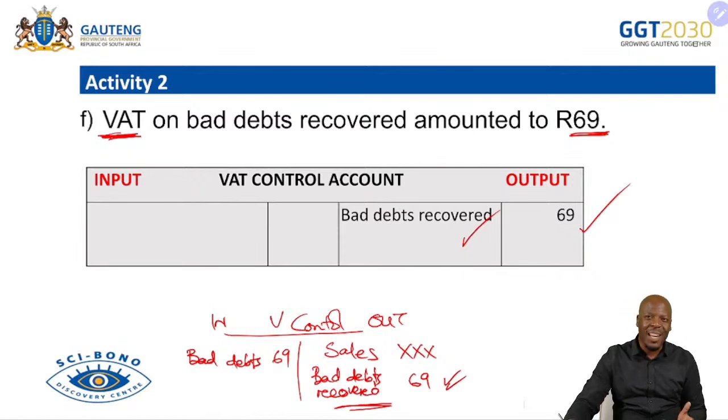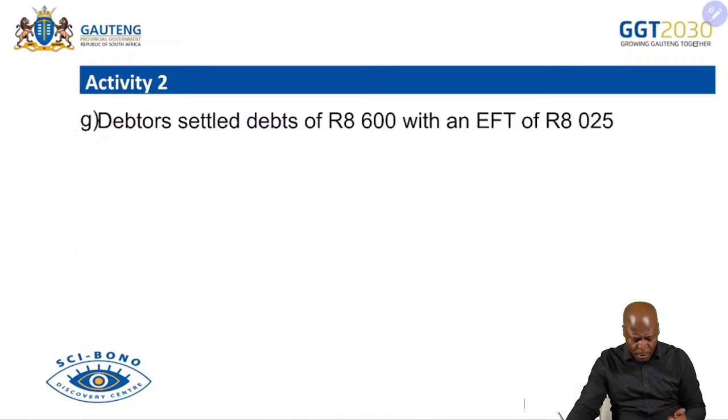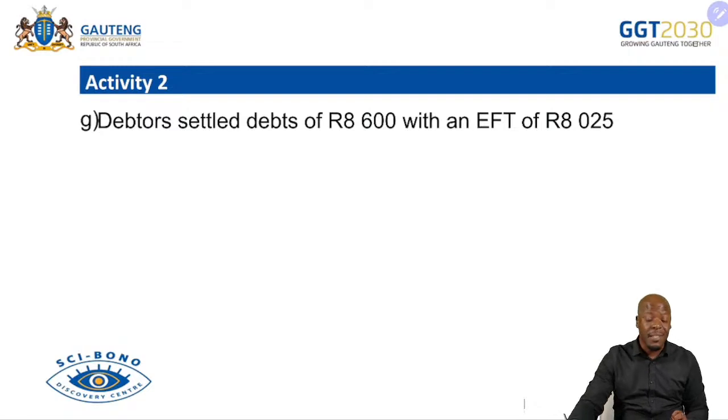Okay, let's quickly now check if we have the last information, which I believe will be information G. Debtors settled debts of 8,600 with an EFT of 8,025. Okay, so debtors settled debts of 8,600 with an EFT of 8,000. Here it has to be 8,500.